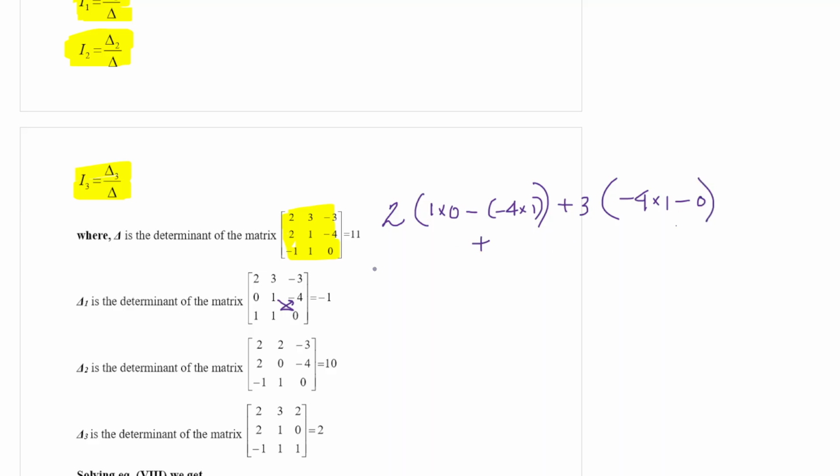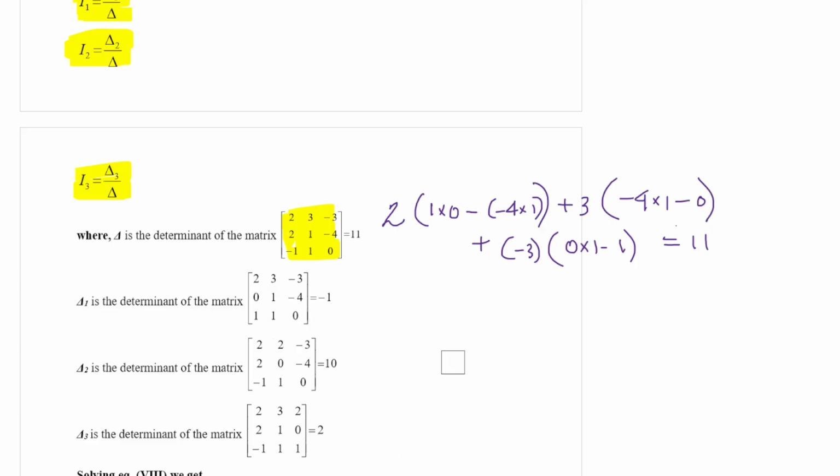And lastly we have minus 3 into (0 into 1 minus 1 into 1), that is 1. So if you solve this, you will get this as 11. So this is the determinant of this matrix.